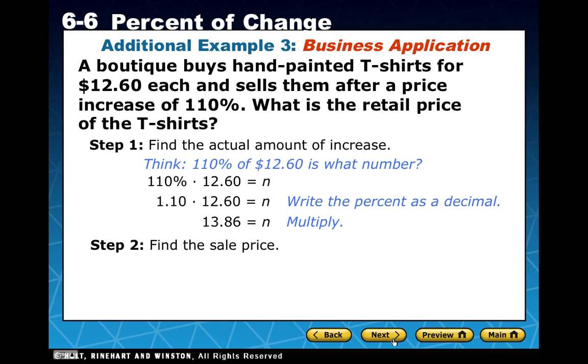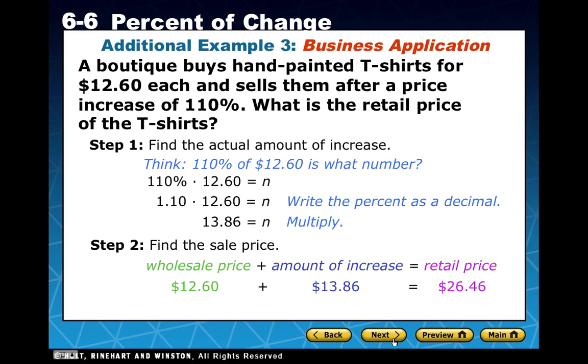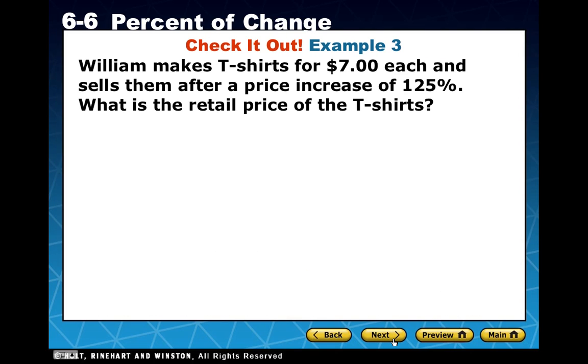Now to find the sale price, we need to add that to what they paid. $12.60 plus $13.86 means that the retail price, if you went into the store, would be $26.46. Alright, William makes t-shirts for $7 and sells them after a price increase of 125%.